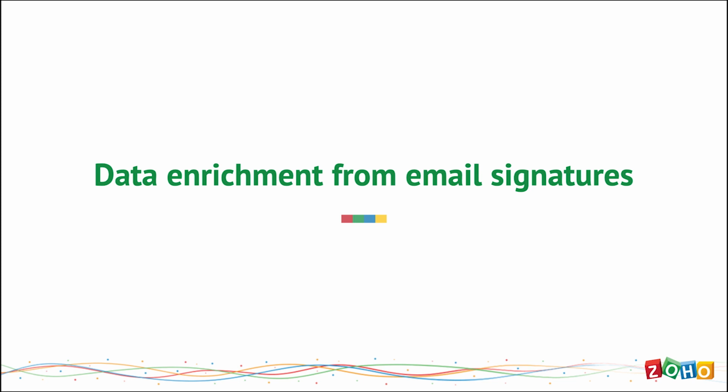Data enrichment from email signatures. Once a record is created in your CRM account, it becomes increasingly difficult to update their changing information, be it email address, company, phone number, and more. Record details keep changing, and this just translates to poor data.